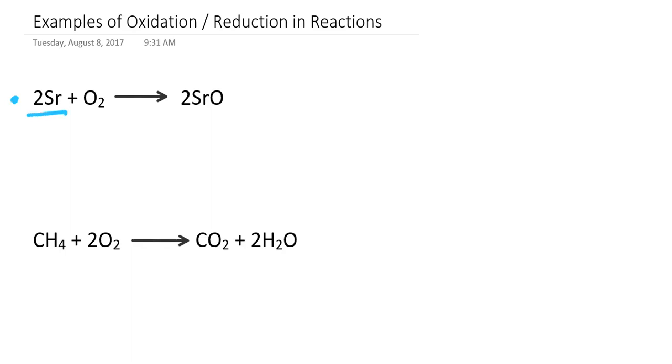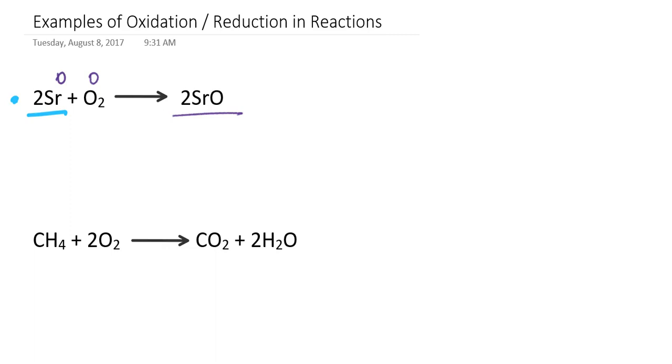So strontium by itself is a metal, it's an element, so its oxidation number is 0. Oxygen, in its diatomic state, and assuming it's a gas, is also an element, so its oxidation number is also 0.